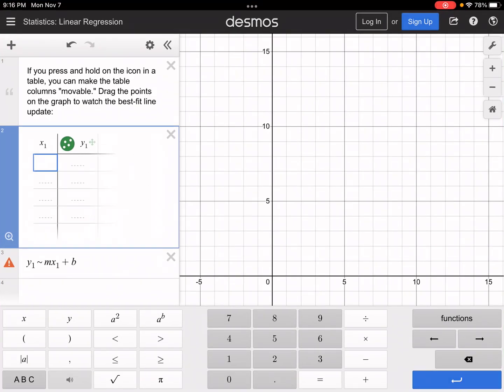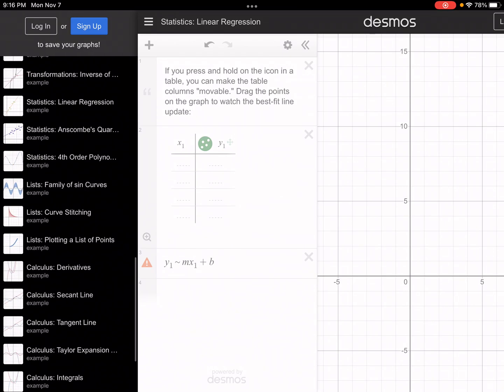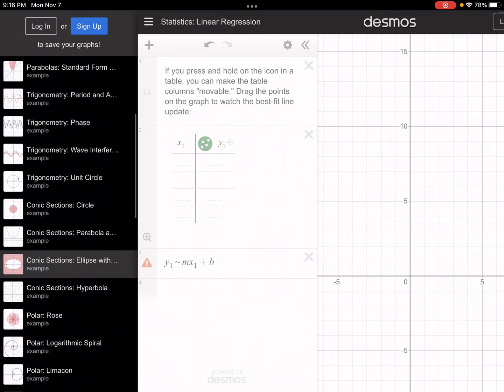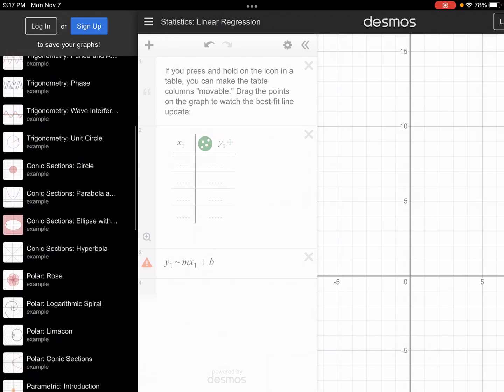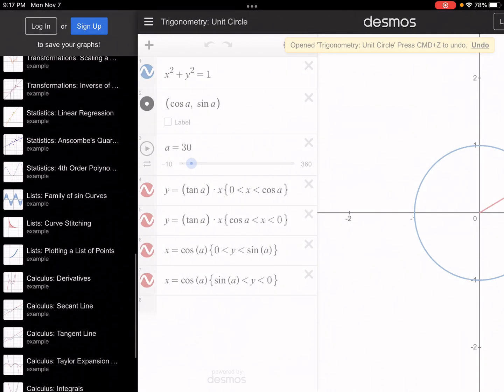Again, if you missed it the first time, I'm going to go to the menu and go to Statistics Linear Regression. Don't worry about that.